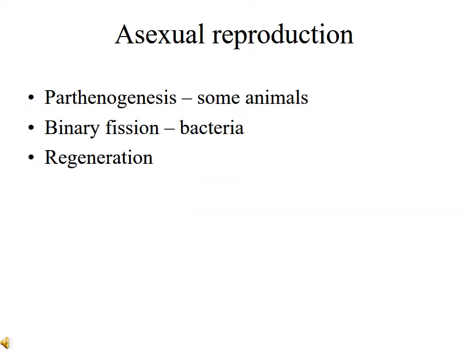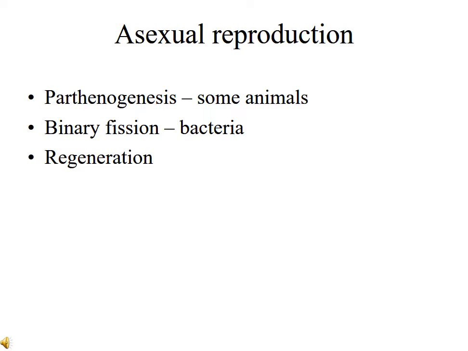Now, there are some other processes that do not involve recombination of genetic material. We refer to this as asexual reproduction. Parthenogenesis takes place in some animals. In parthenogenesis, basically, an egg will develop into a full organism without any fertilization whatsoever.